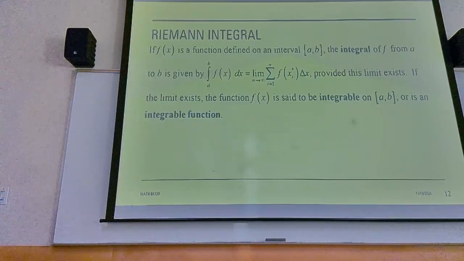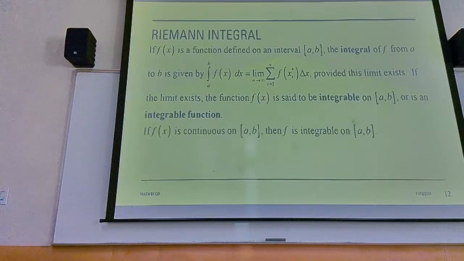If the limit exists, we say that the function is integrable on a to b, or it is an integrable function. If f is continuous on an interval, it is also integrable on that interval. Every continuous function has an integral.